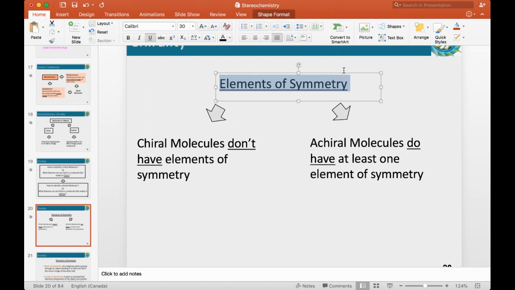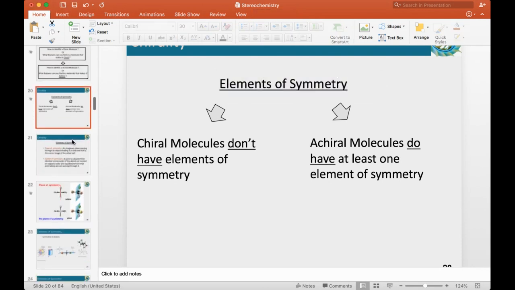If a molecule doesn't have an element of symmetry, then you can say that that molecule is chiral. Therefore, it will have an enantiomer. If you can find at least one element of symmetry in a molecule, then you can for sure say that this molecule will be achiral. If it's achiral, basically it will be superposable with its mirror image. It means that the mirror image is the same compound.